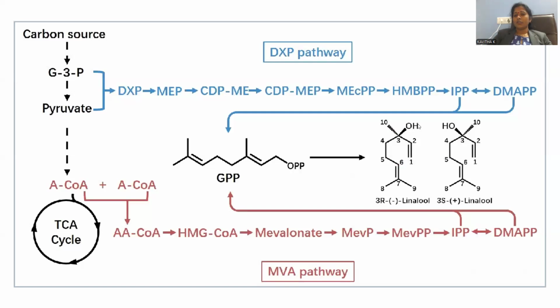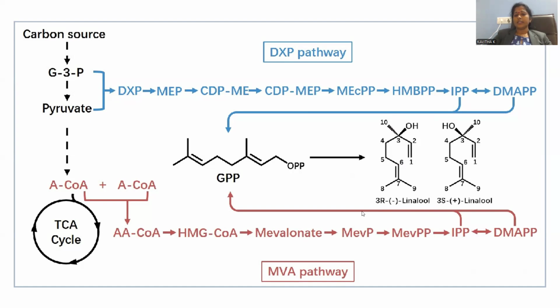So if the right hand side OH is present, that is said to be our R configured linalool. And if OH is located on the left hand side, we can designate that compound as 3S linalool. That is the way this open chain molecule called geranyl pyrophosphate is transformed into this linalool compound.